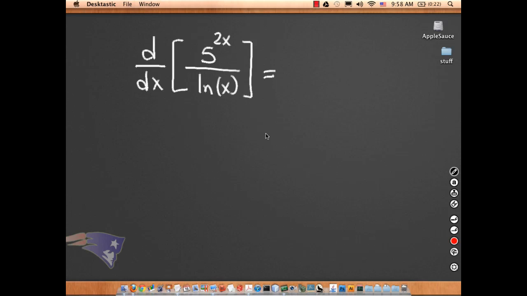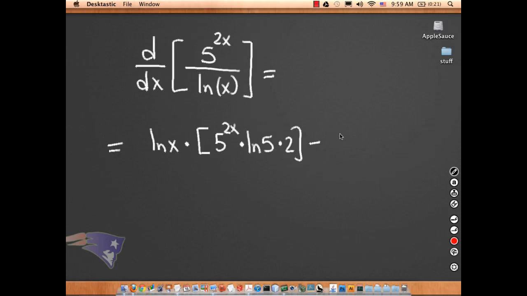But nevertheless, you're learning the calculus now, and we're going to figure out how to differentiate this. So what rule do we use? Quotient rule. So low d high, this is equal to natural log of x times... somebody tell me what the derivative of high is. 5 to the 2x, times natural log of 5 times 2.